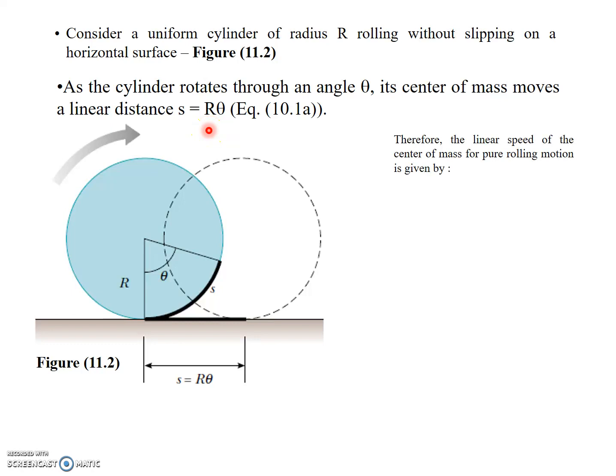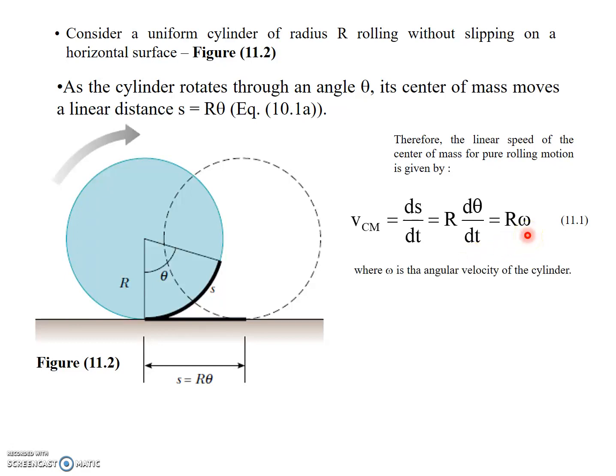So the linear speed of the center of mass for pure rolling motion is Vcm equals ds over dt, where s is r theta. r is a constant, so we can put it outside the differentiation. Then we have d theta over dt, which is omega, the angular velocity of the cylinder. So Vcm equals r omega.